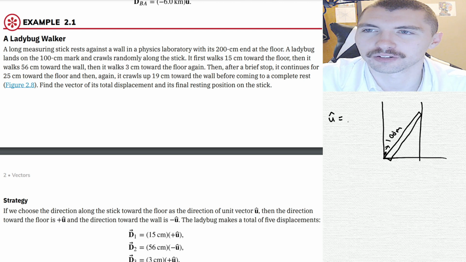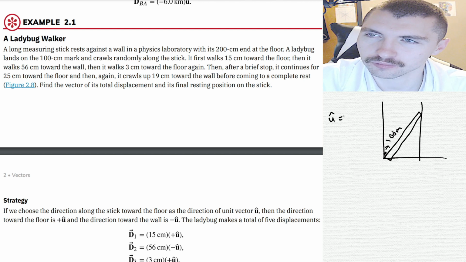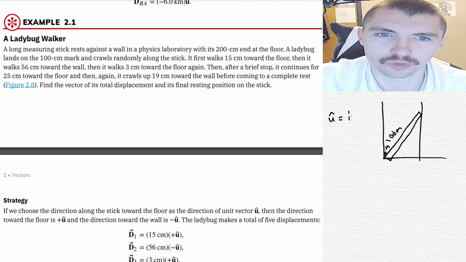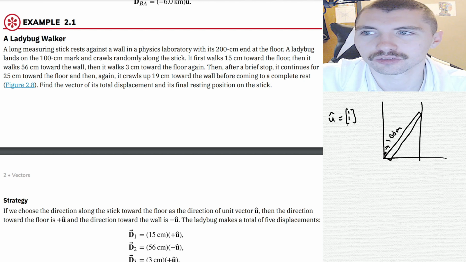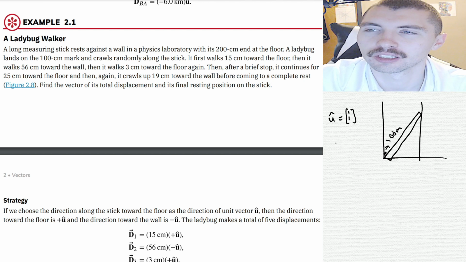It's going to have a magnitude of 1 and a direction, so I think it would just be 1, 1 for northeast. Up 1, right 1. Does that make sense?